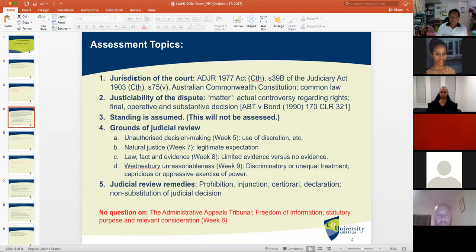Okay. Now, the second aspect relates to the decision of Australian Broadcasting Tribunal versus Bond, where the court said that judicial review would only be available in relation to decisions which are final. So we know what final is as opposed to intermediary or intermediate. It is operative, so it will have a legal effect, and it is a substantive decision.